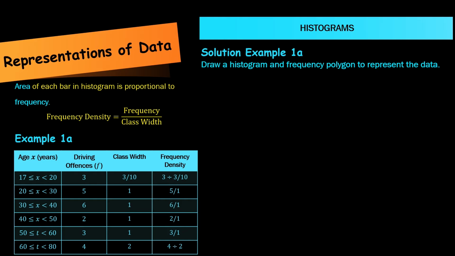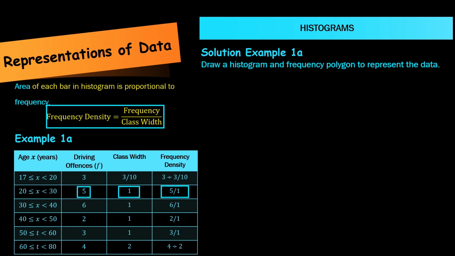So we can now find the frequency density, which from our formula is of course frequency divided by class width. So for the first category, frequency is 3 and class width is 3/10. So 3 divided by 3/10.